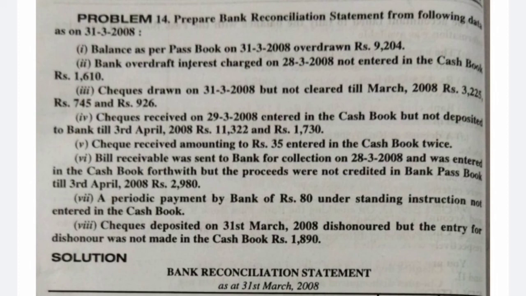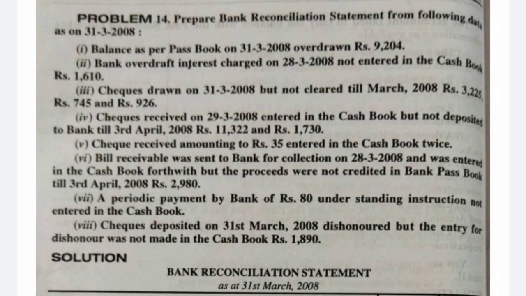In the passbook, the interest charges are getting debited, on the withdrawal side. Therefore, the receipts are getting reduced by rupees 1610, so we need to deduct the amount of rupees 1610.